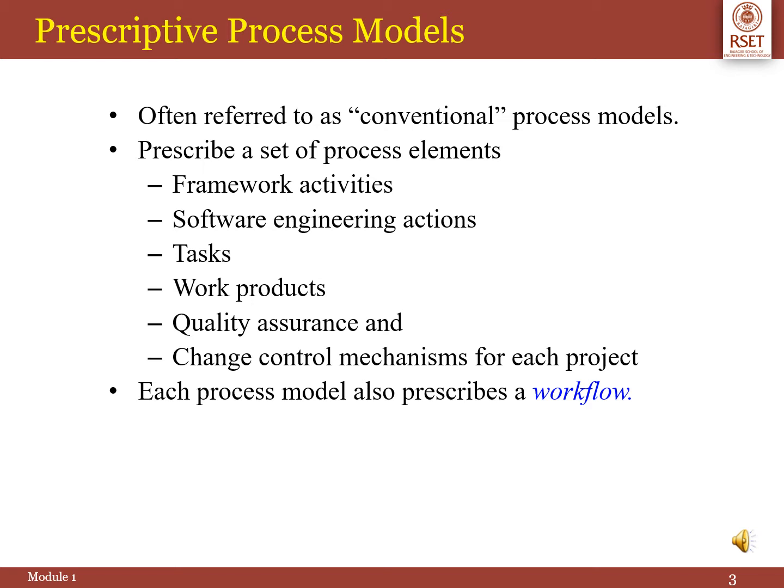We call them prescriptive because they provide a set of process elements, frameworks, activities, software engineering actions, tasks, work products, quality assurance, and change control mechanisms for each project. Each process model also prescribes a process flow, that is, the manner in which the process elements are interrelated to one another.